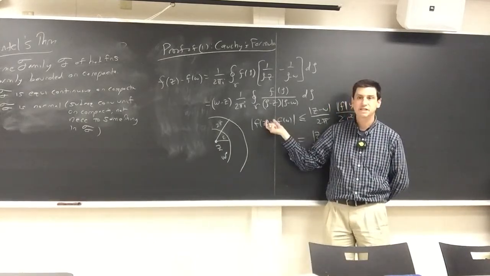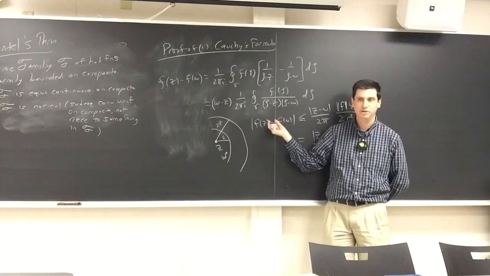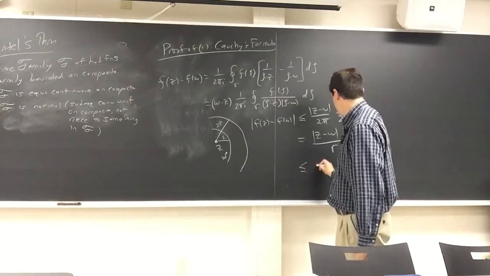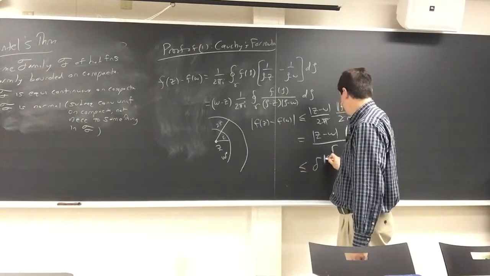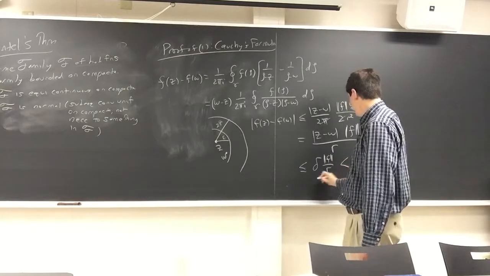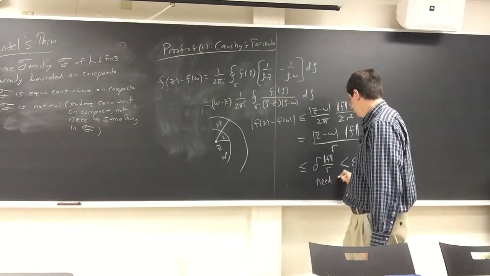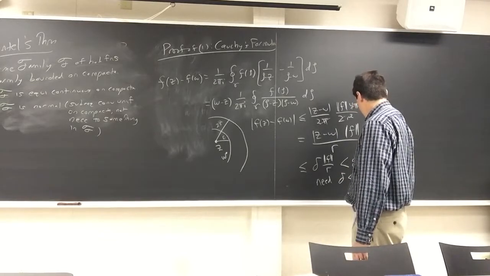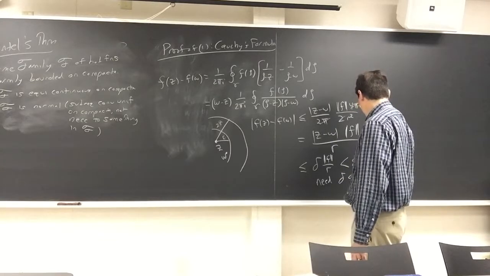So if I want this to be less than epsilon, well, this is clearly less than or equal to delta times the maximum of f over r. And I just need to take delta to be less than epsilon over r, so r upstairs.